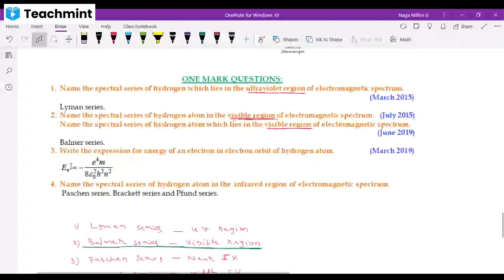Next, write the expression for the energy of an electron in the orbit in the hydrogen atom. Already we know the formula. En is equal to e to the power 4 m by 8 epsilon naught square h square n square. Okay.